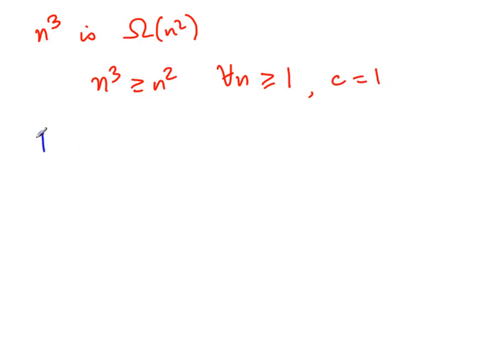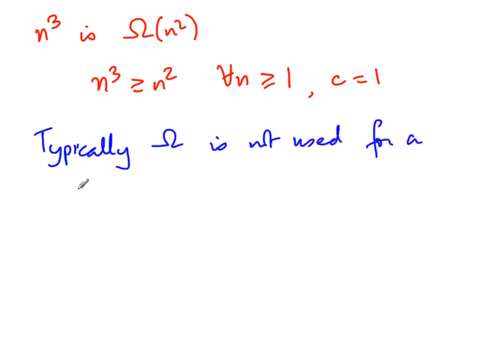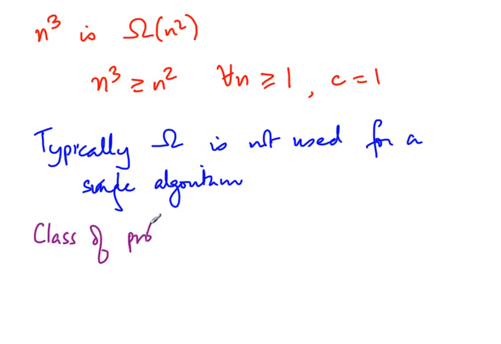So now this is actually not very common in terms of individual functions. Typically this omega notation is not used for a single algorithm or a single function f of n. So usually we will use it for a class of problems. Okay, so we'll say that there is no algorithm. So a lower bound says there is no faster algorithm.